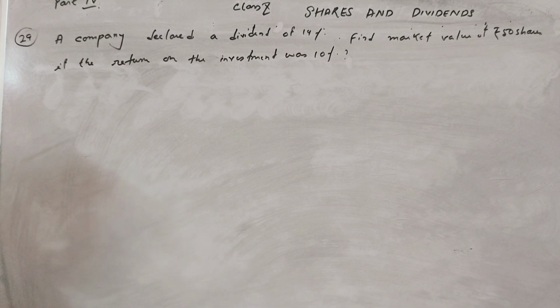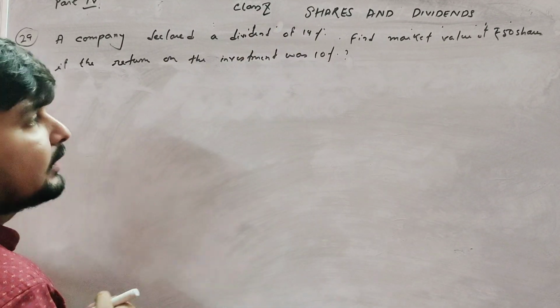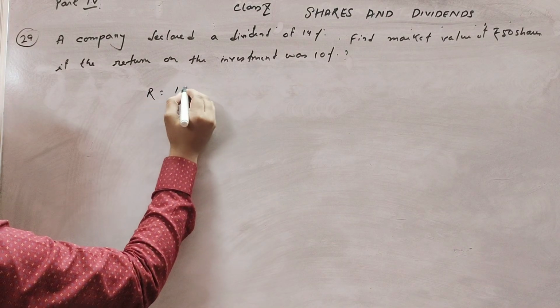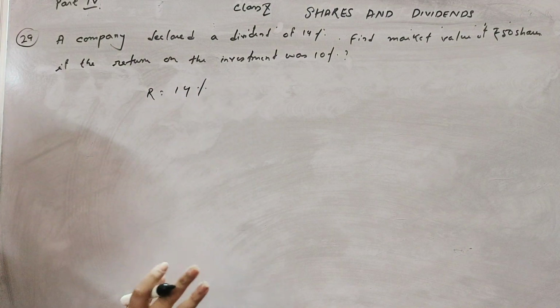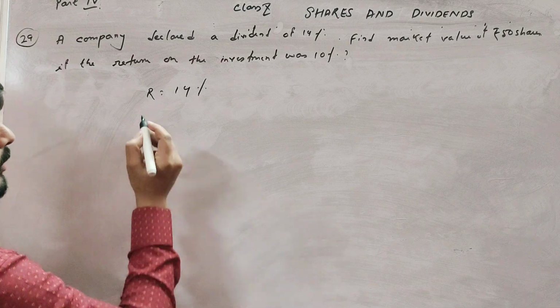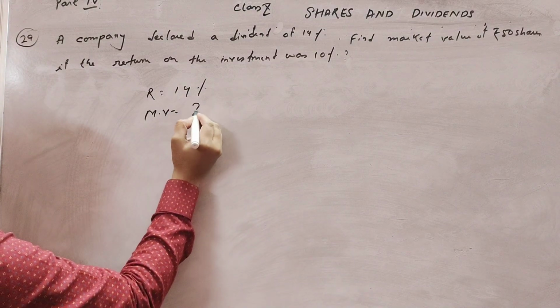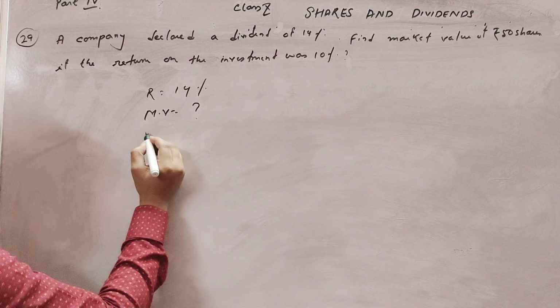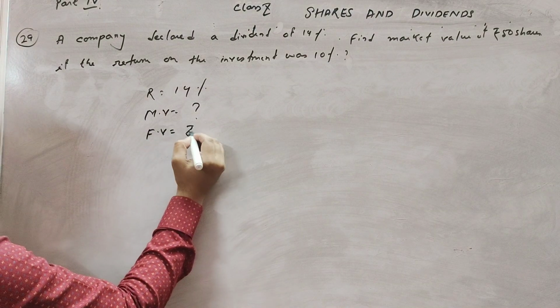A company declares a dividend of 14%. That means the rate of dividend is given as 14%. Clear? We have to find the market value. The market value is not given. The face value is given as rupees 50.